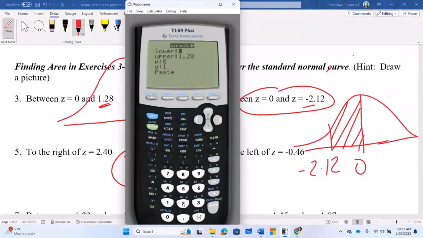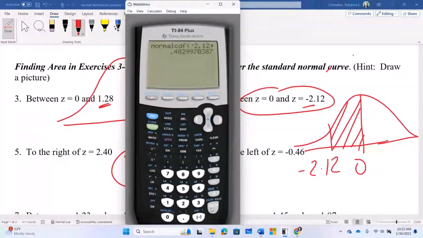The lower bound is the smaller number, and here 0 is the upper bound. The standard deviation for standard normal is 1. So I'm going to paste and I hit enter. Therefore, the area of the shaded region is 48.